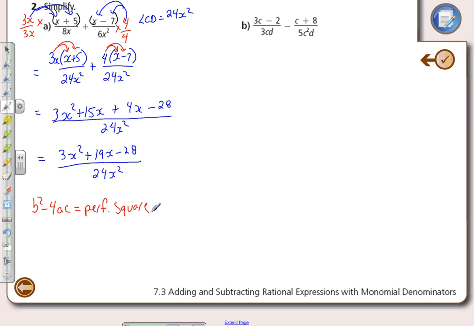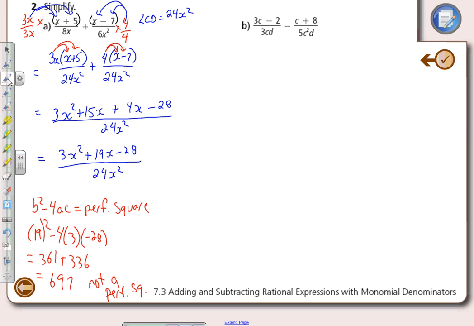So let's just run that through and check it out. 19 squared minus 4 times 3 times negative 28 is going to give us 361 plus 336, which is 697. And that's not a perfect square. If you punch it into your calculator, it will not give you a nice whole number. So not a perfect square. So therefore, that's done. Comma, don't forget about your NPVs. This is your NPV, again, x cannot equal 0.